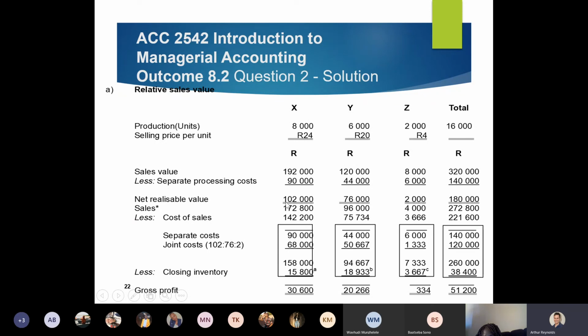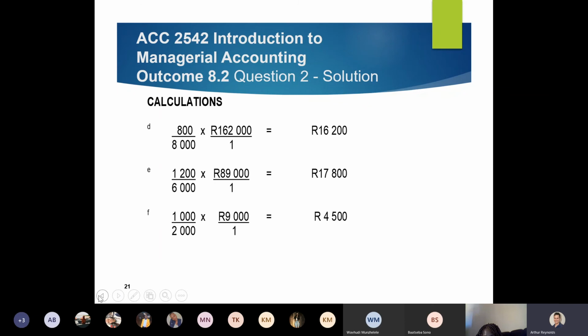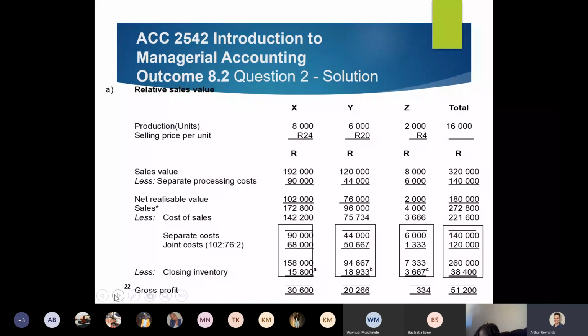So as you can see, that's 102, 76, and 2. And these are the proportions that you're going to use for the joint cost. Again, you can see 68, 50, and 133. So you can see it can actually make quite a bit of difference which method you use.